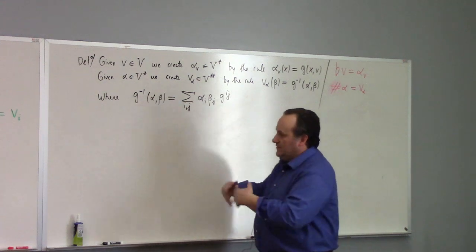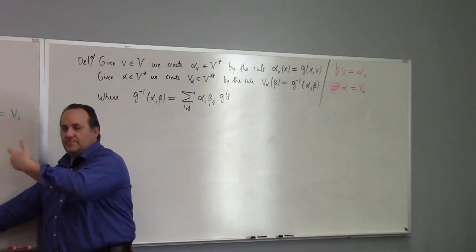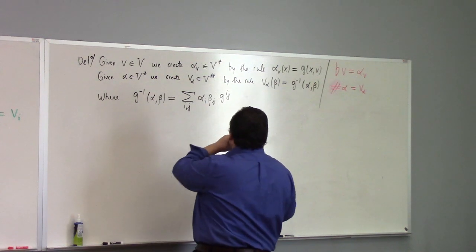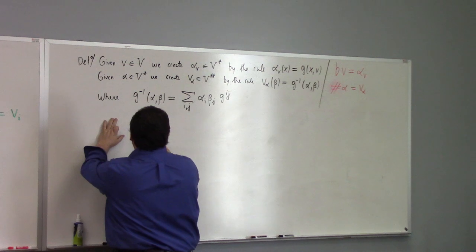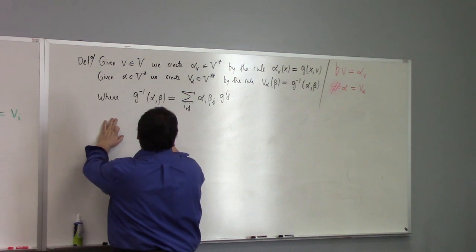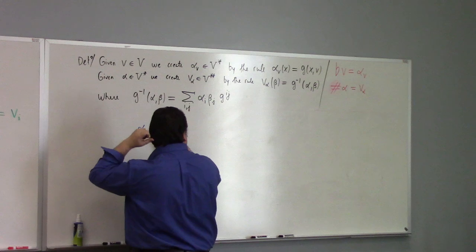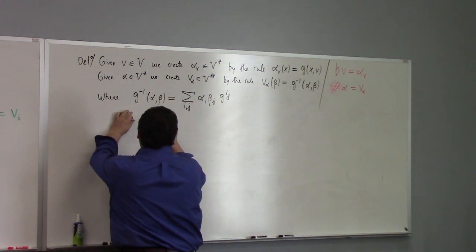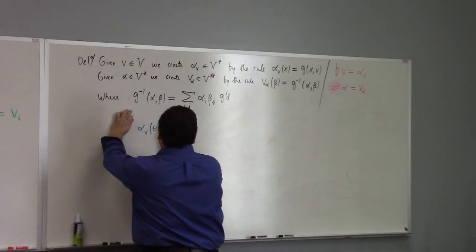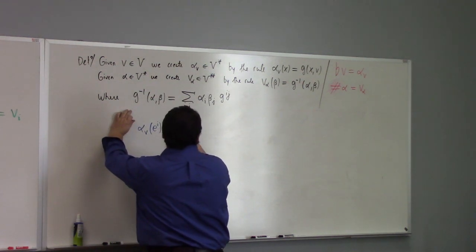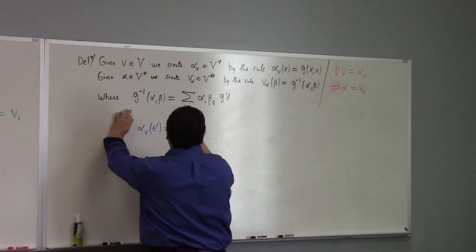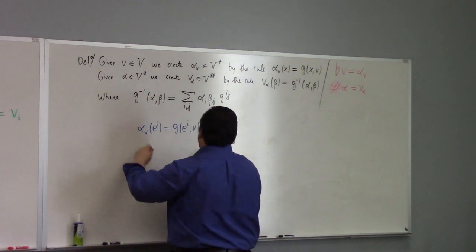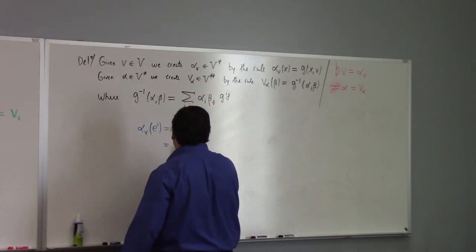And you can find the index lowering stuff from here just the same. If I calculate, for example, alpha sub V acting on E upper I, that is G of E upper I acting on V, but let me put V's basis expansion in.